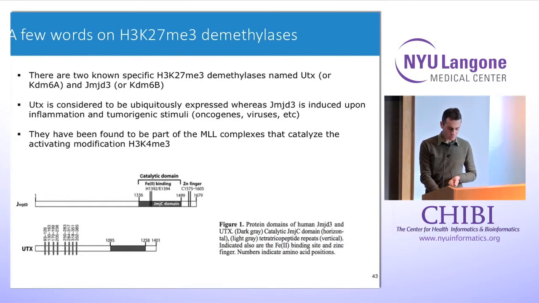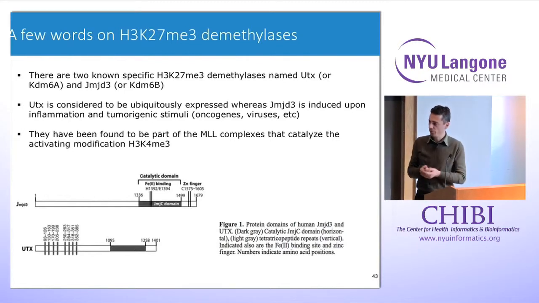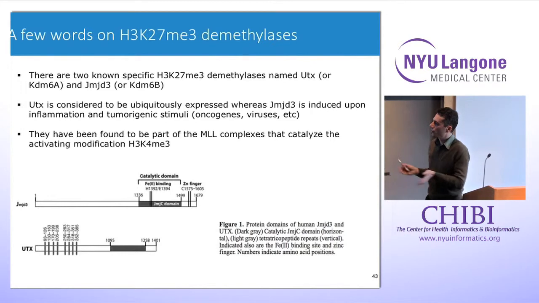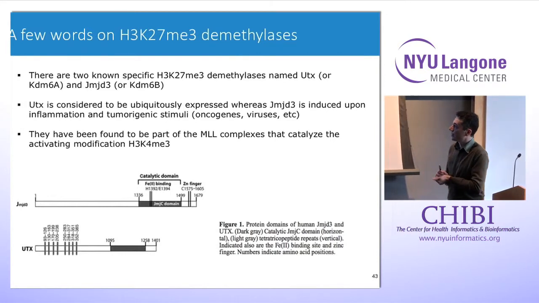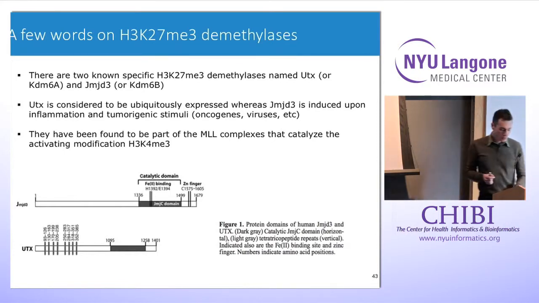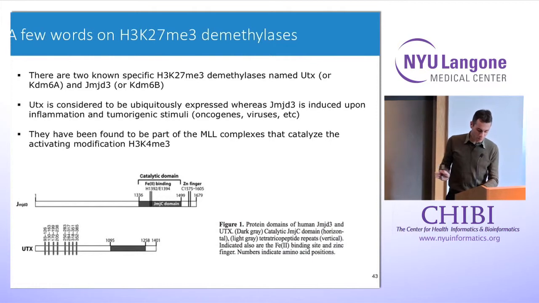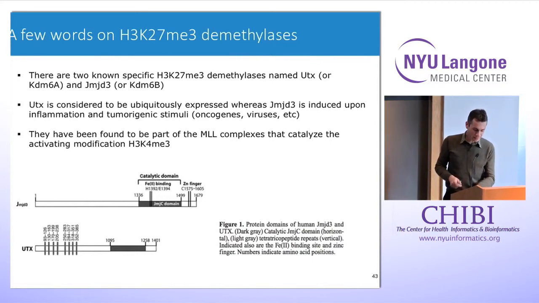So the two demethylases, just a few words. UTX is constitutively expressed. That's the main thing we need to remember here, whereas JMJD3 is induced upon inflammation. So based on that, JMJD3 was more, I guess, a likely candidate at that point.